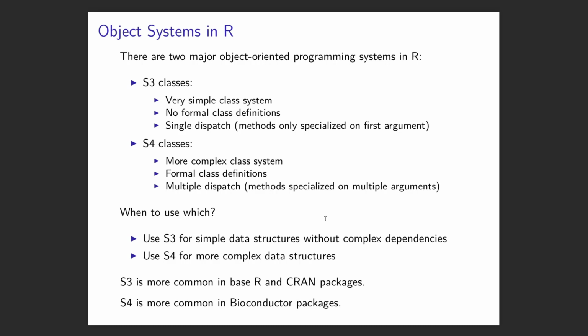S4 is more common in Bioconductor. People will still use S3 on Bioconductor for some more minor classes, and by that I mean, say, if you're just returning the result of an analysis, that could be a simple S3 class. But if you're implementing a class for representing proteomics experiments or representing genomics experiments or things like that, those will typically need to be in S4 for Bioconductor.